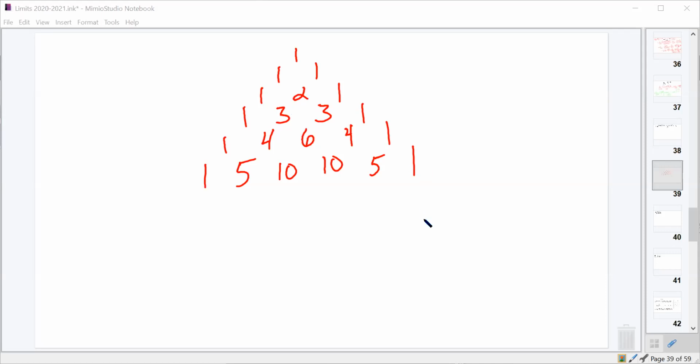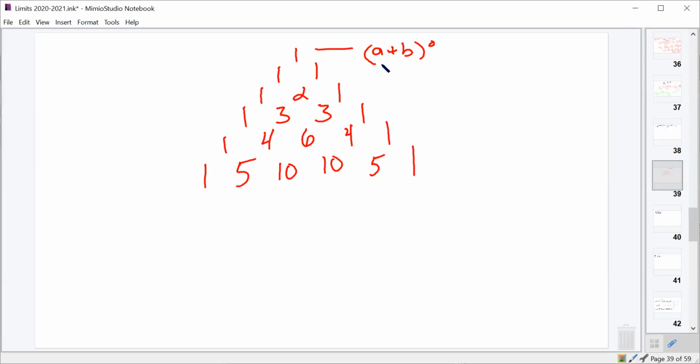And there's a ton of different uses for Pascal's triangle. But the most important to us is that it is used as the coefficients for binomial expansion. So (a plus b) to the 0 power equals what? It equals 1, right?